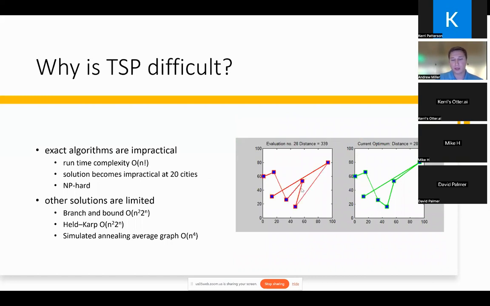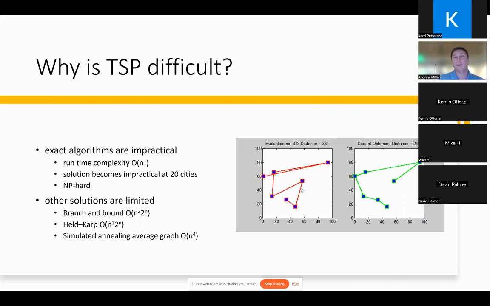So I wanted to say that this problem is difficult, and it's difficult using exact algorithms, which basically evaluate all of the possible combinations of routes. It becomes impractical at 20 cities, and its runtime complexity is bigger than factorial, which is really bad.